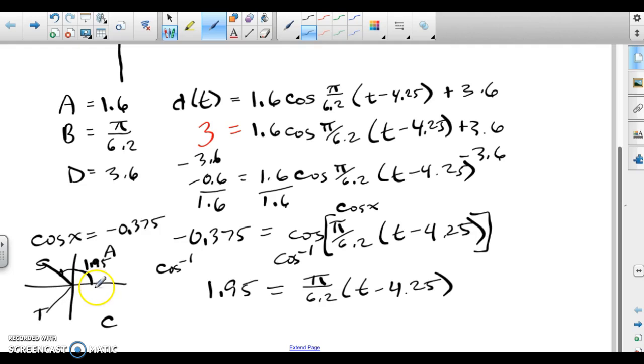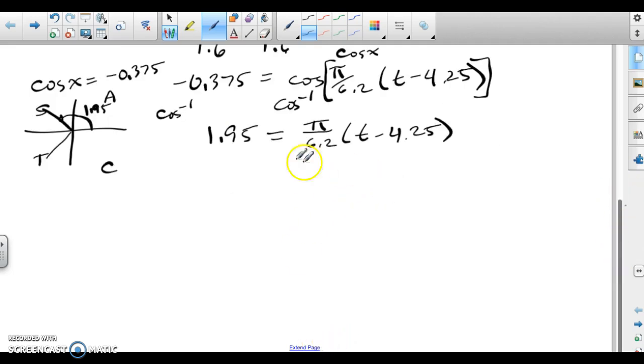Okay, so what we need to do now is actually calculate what that t value is. We can multiply both sides by 6.2 over pi, and in doing so this will cancel out. And then we add 4.25 on both sides.